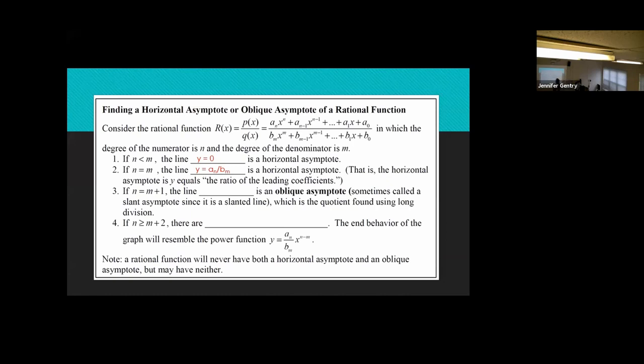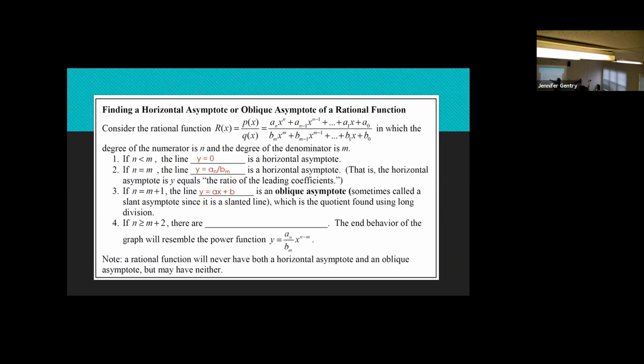If N, the top, equals M plus 1, so if your top is 2 and your bottom is 1, or your top is 3 and your bottom is 2, if they're one off with the top being higher, you're going to have what's called an oblique asymptote, which is going to be some kind of line, in some form of y equals ax plus b.